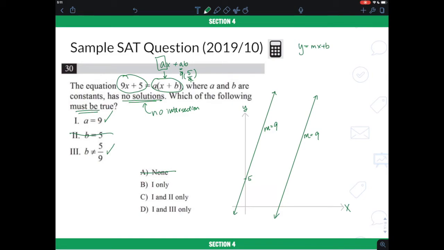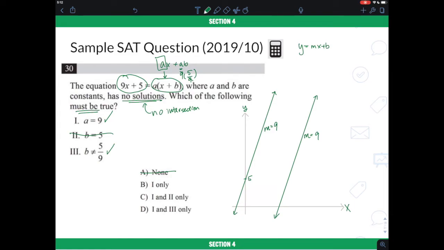That's literally the same line. So we say, all right, condition 1 and condition 3 are both true, and they must be true in order to create a no solution scenario, to create a no intersection scenario between those two lines.